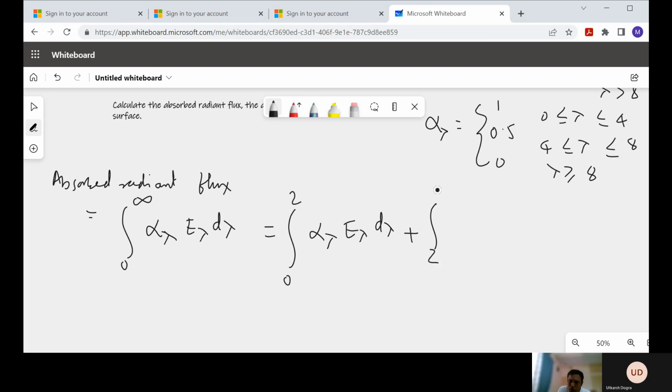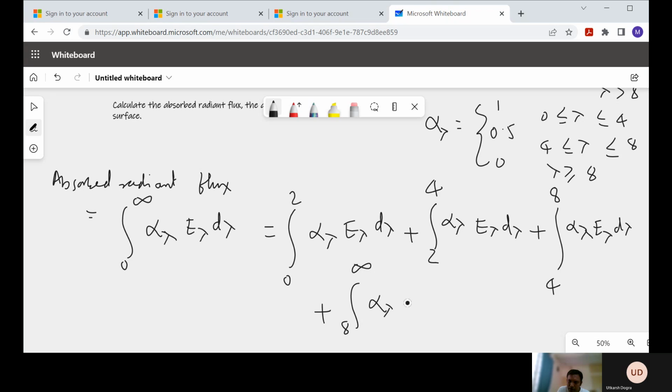Second term will be 2 to 4, then 4 to 8 alpha lambda E lambda d lambda, and the last term will be between 8 to infinity alpha lambda E lambda d lambda.